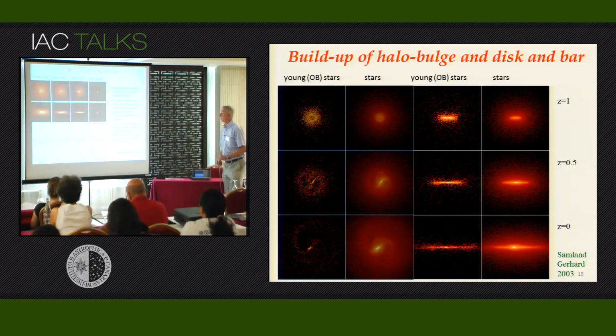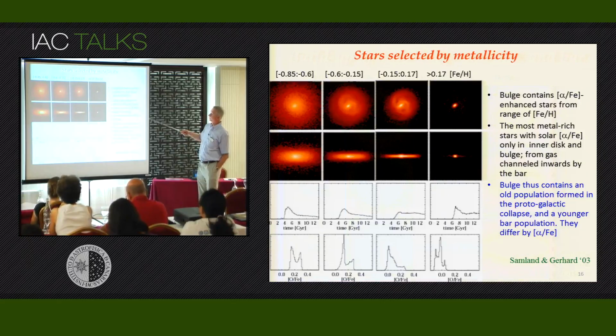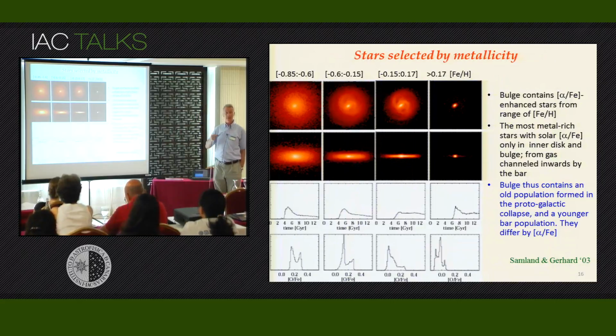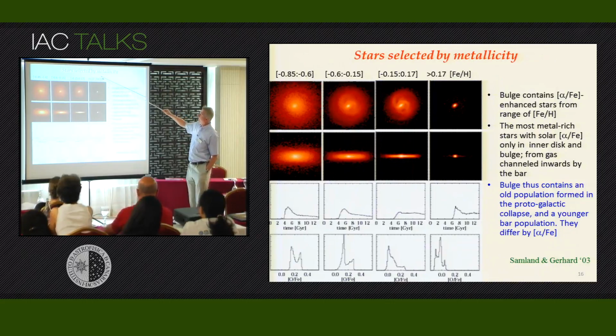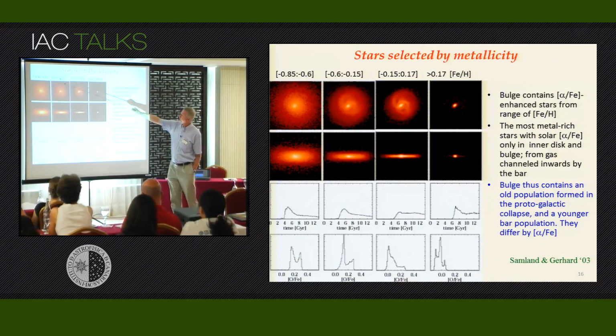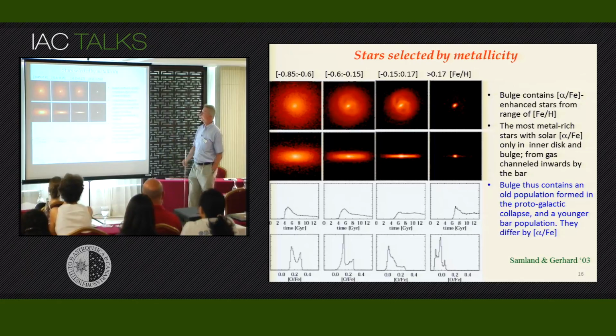And then the thing that we wanted to understand based on this, the reason I want to show this, is because then you have various relations between where stars in the end are found in these galaxies and what their enrichment history was. And so, for example, here is a couple of plots that have been made for stars of different iron to hydrogen abundance according to the prescriptions used in this model. I come to that in a moment.